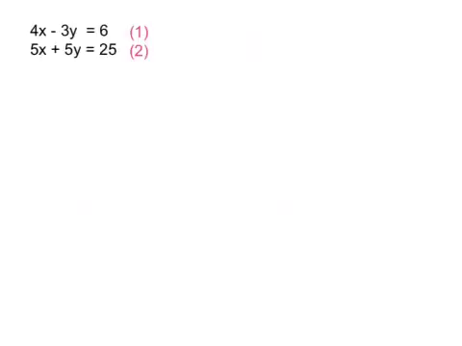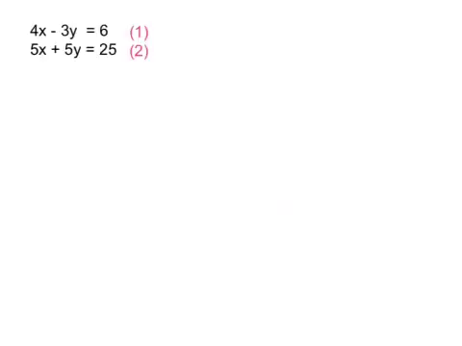Just think about the signs in front of the variables, and think about whether you want to choose x or y to eliminate. You could have chosen either x or y to eliminate in this example. I'm going to choose x simply because we haven't shown that in the example so far.